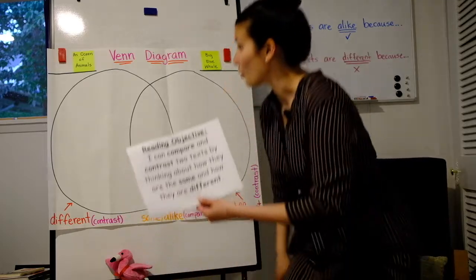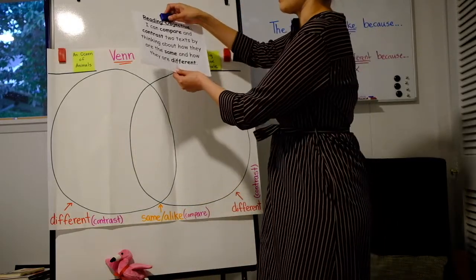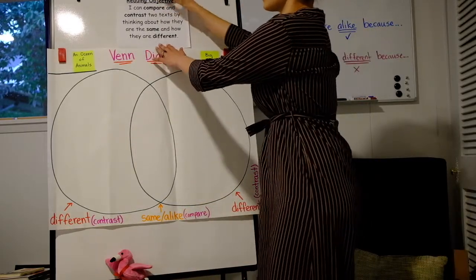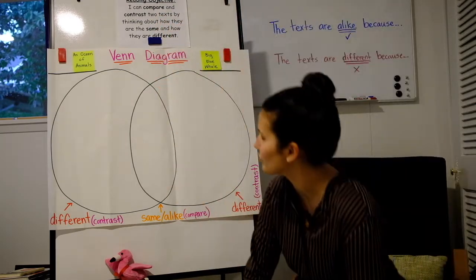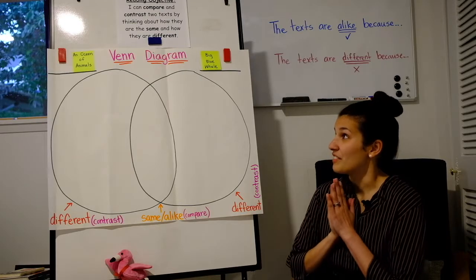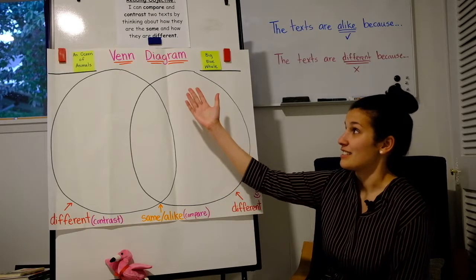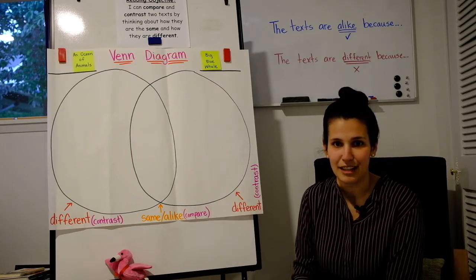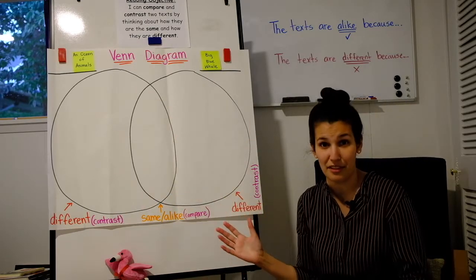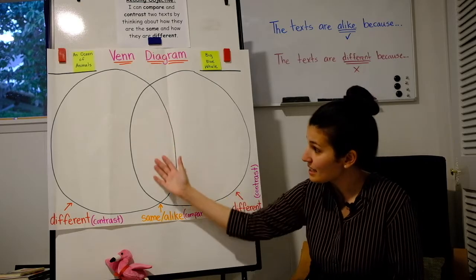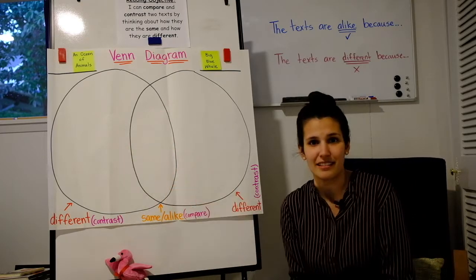Okay, so we're going to dive into understanding what does that even mean? What does it mean to understand how they're the same and how they're different, to compare and to contrast? The way we do that is sometimes with a Venn diagram. So a Venn diagram is two big circles put together, and there's a space in the middle and two spaces on the sides.